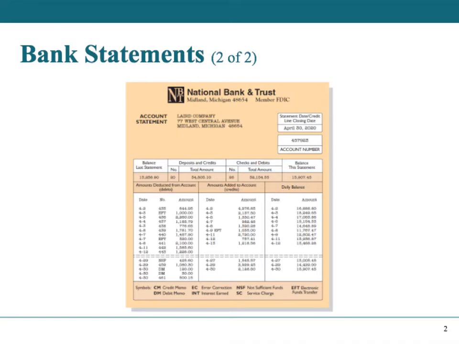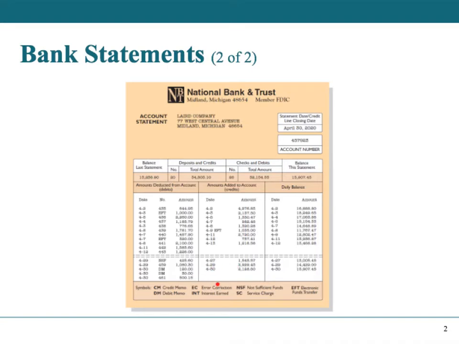I'm not too worried about these totals, but we do need the extra information that is provided there, because it will give you, first of all, a list of all the checks that cleared the bank, and then the amounts. We will need that. And then extra information here, such as credit or debit memo. Again, don't worry about the words debit and credit because they're backwards for you versus the bank.